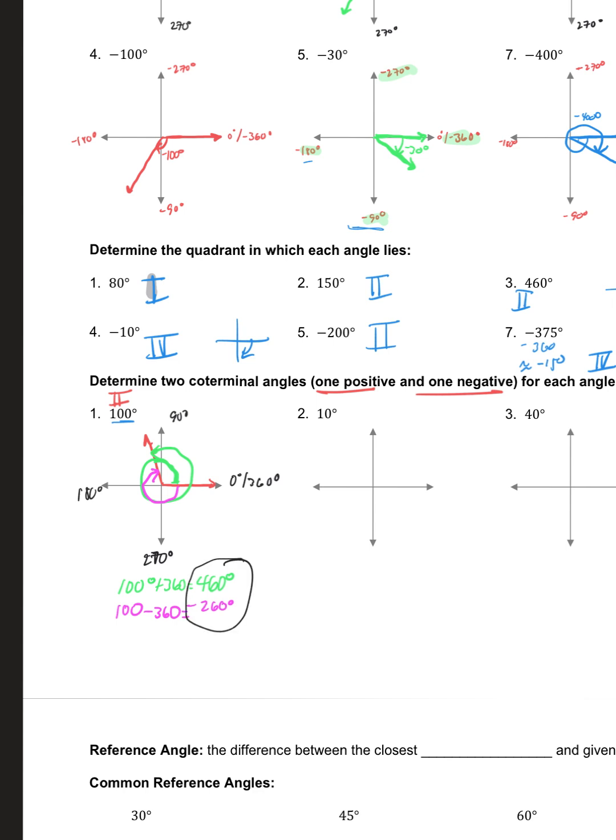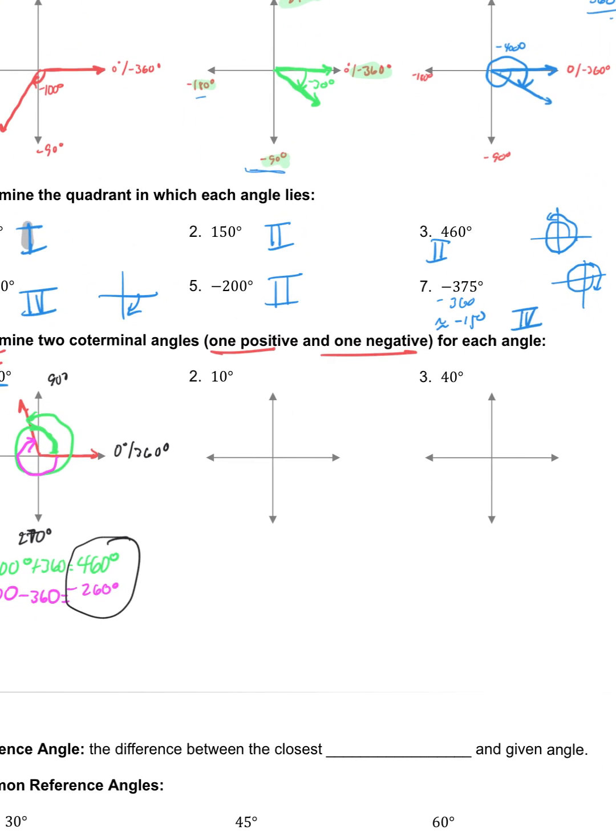Okay, let's do this next one, 10 degrees. Right now I'm not really labeling the angles. 10 degrees is going to be in this quadrant. It's a little too large, but I need to give space to it.